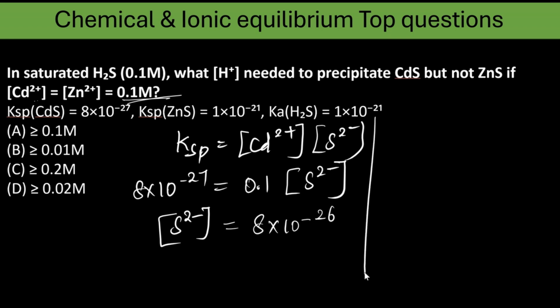Correct? Similarly calculate for zinc. So for zinc you will get again the same thing. Zinc concentration is 0.1 and the Ksp is given as 1 into 10 to the power minus 21. So the zinc sulfide S2- concentration is 1 into 10 to the power minus 20, right?